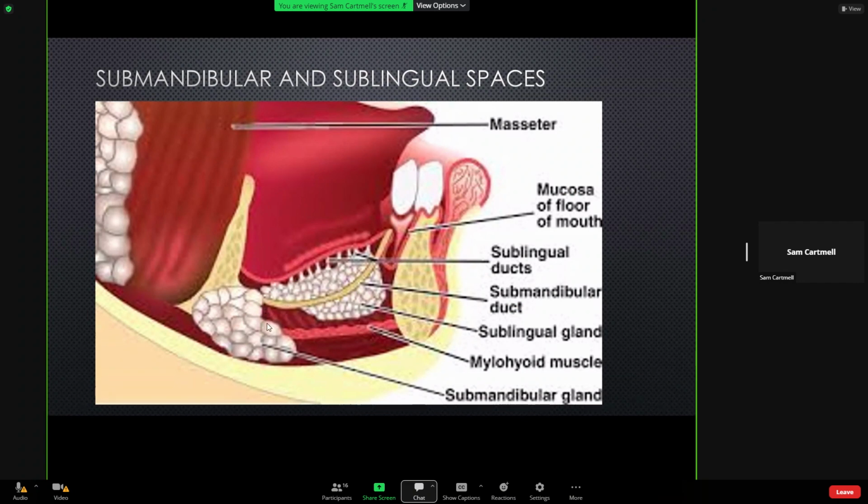Also, something to keep in mind is that occasionally there are defects in the mylohyoid muscle. So you can get things that transgress this border. That's what a plunging ranula is: a ranula that leaves the sublingual space and goes into the submandibular space. And then also the duct for the submandibular gland goes through the sublingual space.